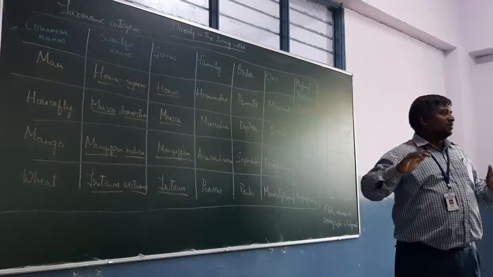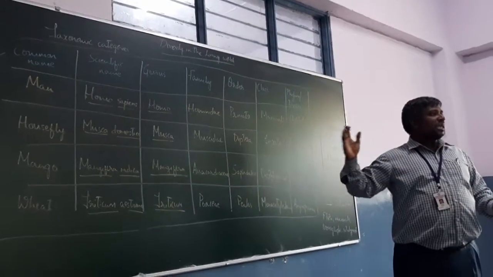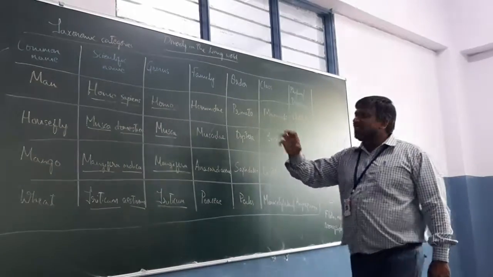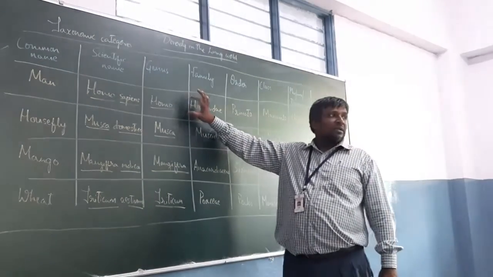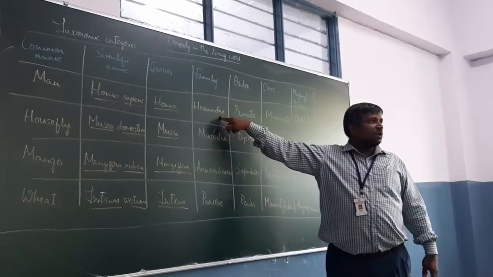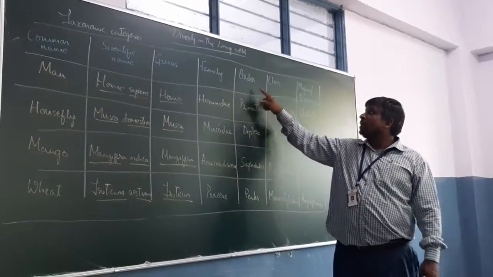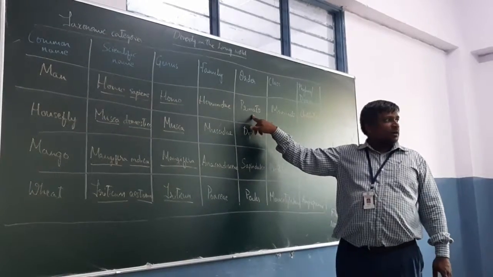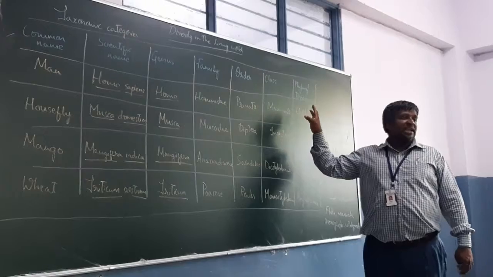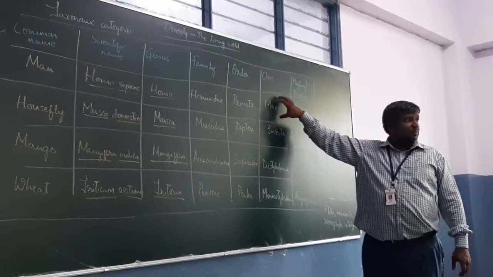Common name is man. Biological or scientific name is Homo sapiens. The genus is Homo. Family, Hominidae. Order, Primata. Class is mammals. All breastfeeding animals are placed under the class mammals.